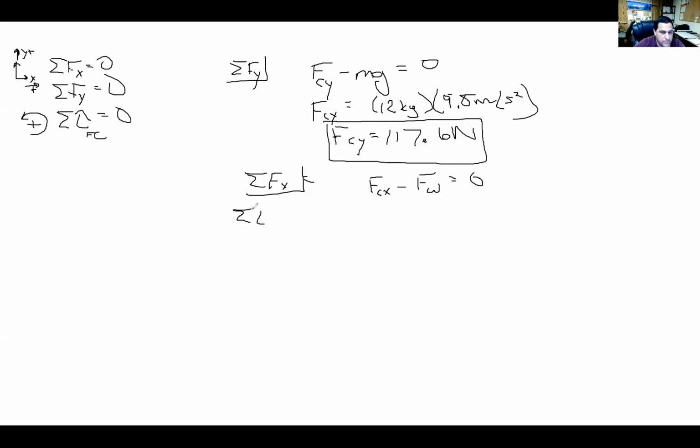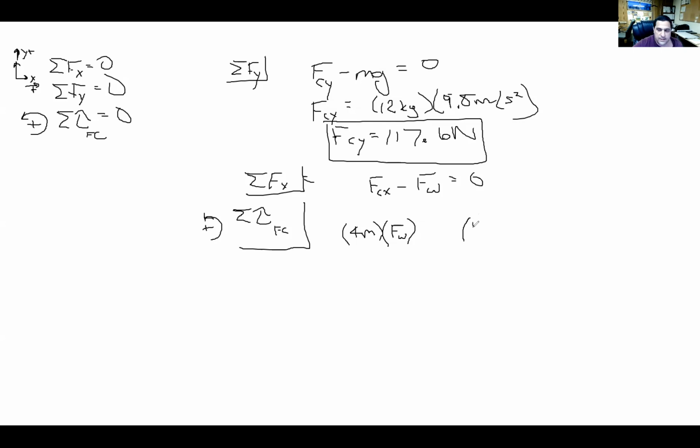Now, if I sum torques, and I am going to sum them about point FC, again, counterclockwise is positive. So I have the reaction force at the wall, which is 4 meters, times the reaction force at the wall, FW. So the next thing that I'm going to have is the weight of the ladder itself.